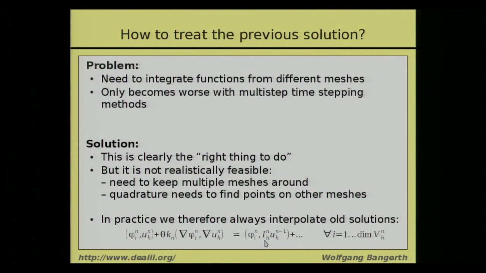Typically we interpolate it. So we get an object that lives on the current mesh, and then we integrate that against the shape functions that are also defined on the current mesh. So that makes it a lot easier, because if you have multiple time steps, every time you change the mesh, you just transfer all of the solutions to the new mesh, and then you would just do the integration as if only one mesh had ever existed.